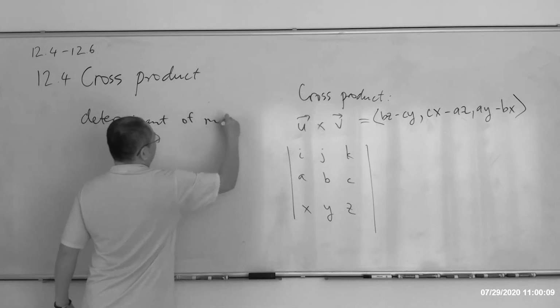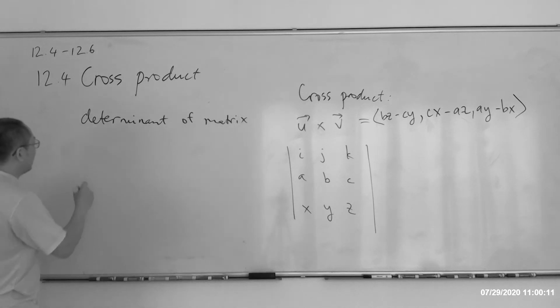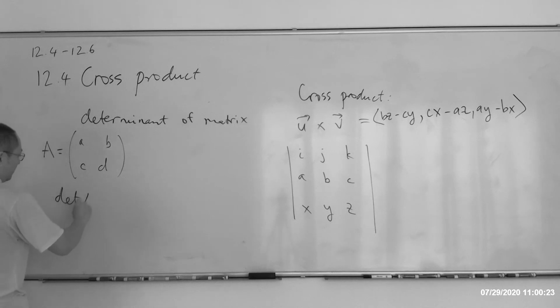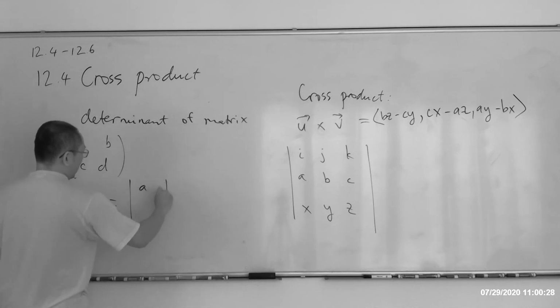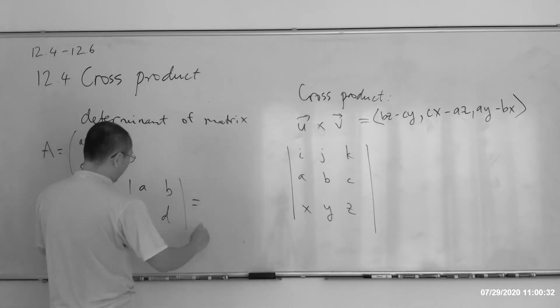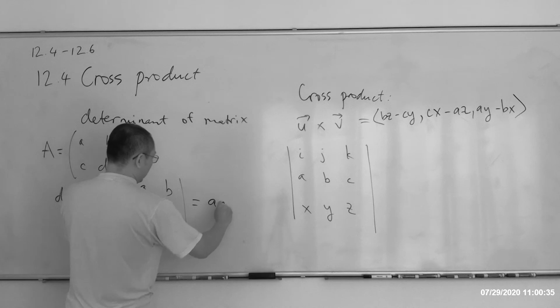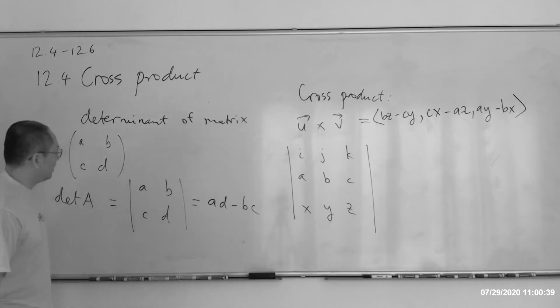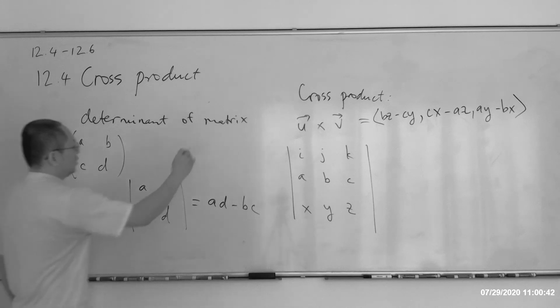I got a 2 by 2 matrix, say A, B, C, D. You took pre-calculus algebra, right? So this is matrix A. So determinant of A. Many books denote it this way, or this way: A, B, C, D with the absolute value bars, and this determinant is calculated by A times D minus B times C. Major diagonal subtract minor diagonal. That's the determinant of a 2 by 2 matrix.